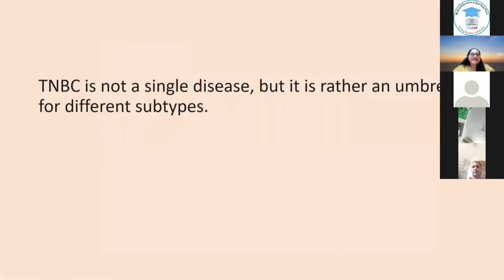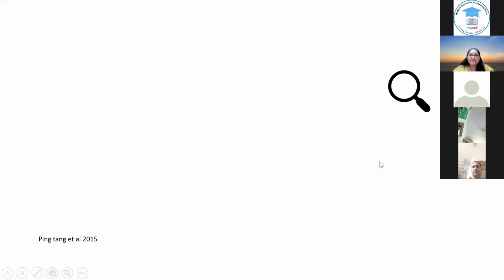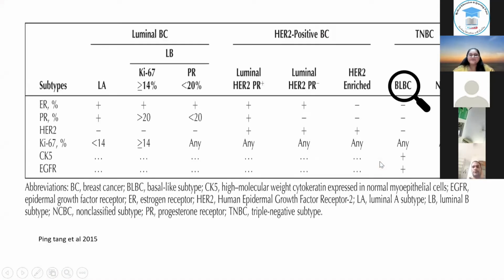Okay, so TNBC is not a single disease. Rather, it is an umbrella term for different subtypes, different morphological types, and different histological types. Breast cancers as such, this is very important, so all of you need to pay attention here. Breast cancers by molecular classification are divided into luminal type cancers and HER2 positive.